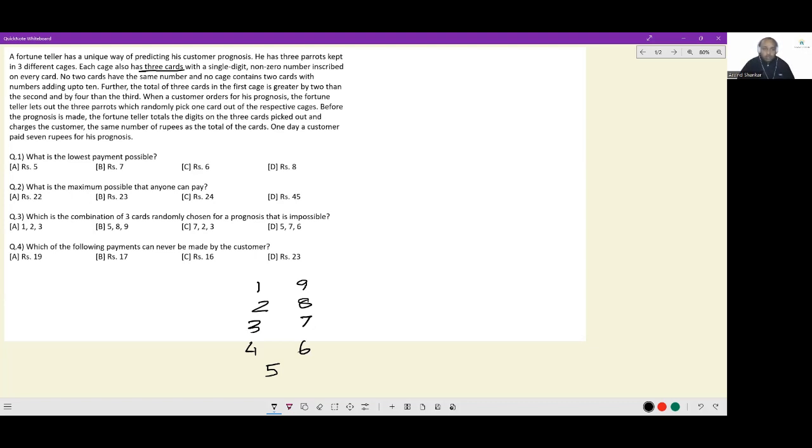Further, the total of 3 cards in the first cage is greater by 2 than the second and by 4 than the third, which is to say cage 1 is x plus 2, cage 2 is x, and cage 3 is x minus 2. So altogether, the sum of the numbers in the 3 cages is 3x.